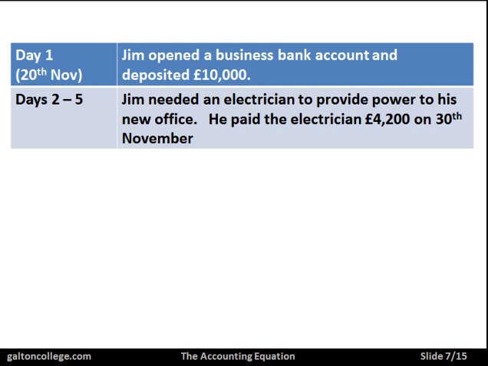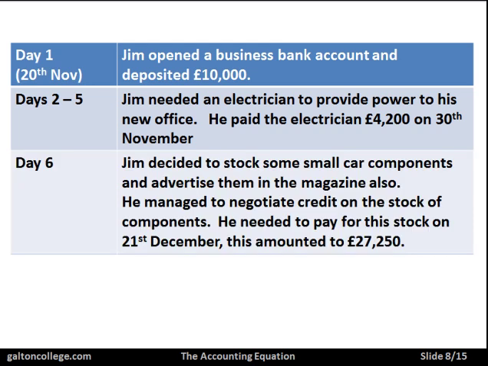On day 6, Jim decided to stock some small car components and advertised them in the magazine also. He managed to negotiate credit on the stock of components. He needed to pay for this stock on the 21st of December, and this amounted to £27,250.